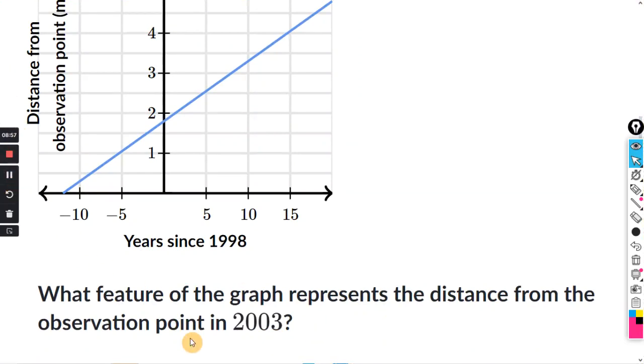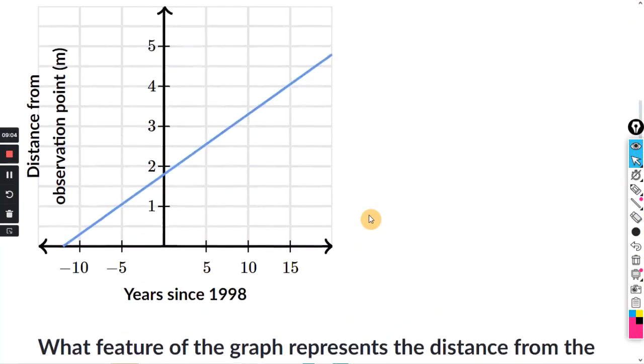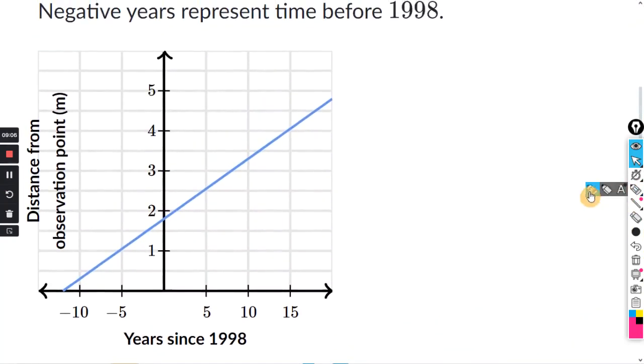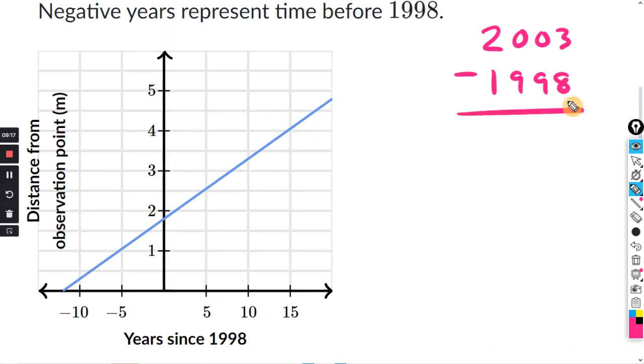This one isn't too bad, because they're asking us the distance in 2003. Of course, if we did 2003 minus 1998, that's just 5 years.